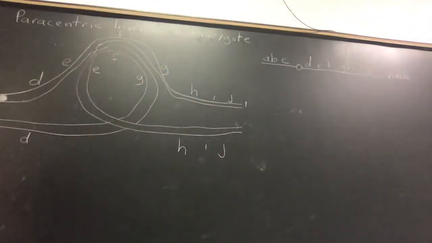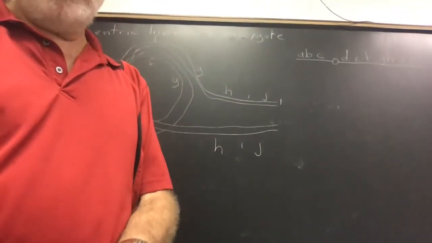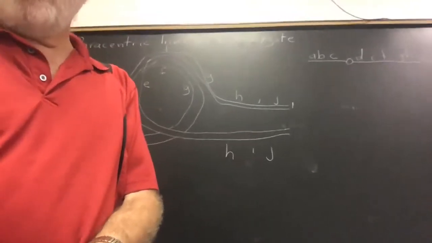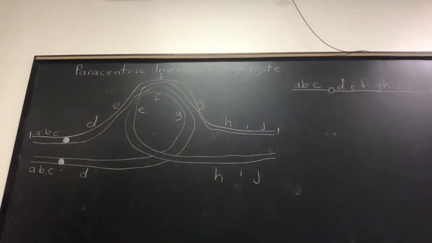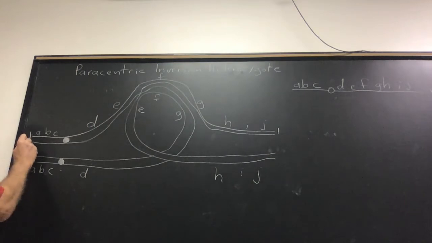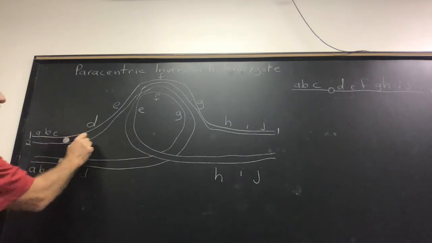Now, I'm going to drop down for the next. The next one down we'll call 2. And so we follow the same. We follow the chromatid like this.